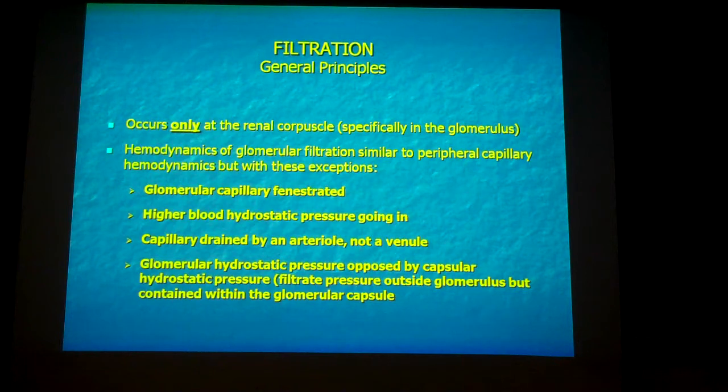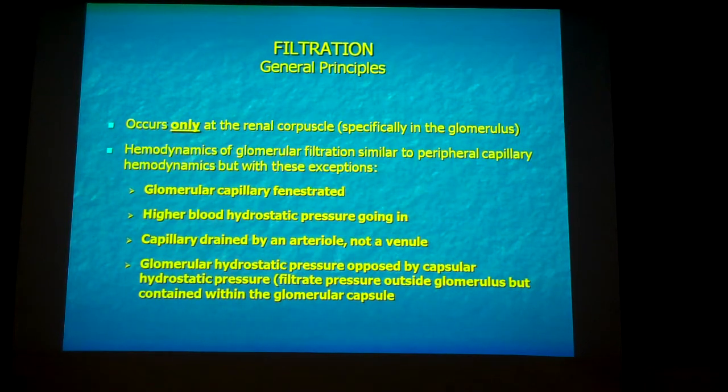All right. Now, this filtrate that's produced in the subcapsular space creates a back pressure of its own because there's fluid down in this proximal tubule. So this proximal tubule is not empty, you see.